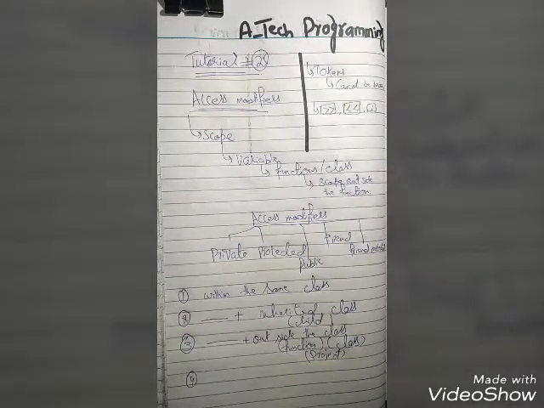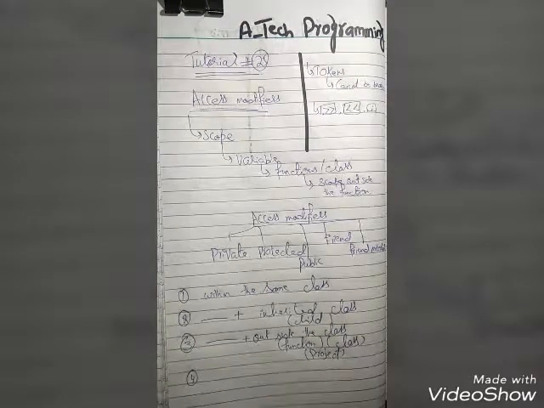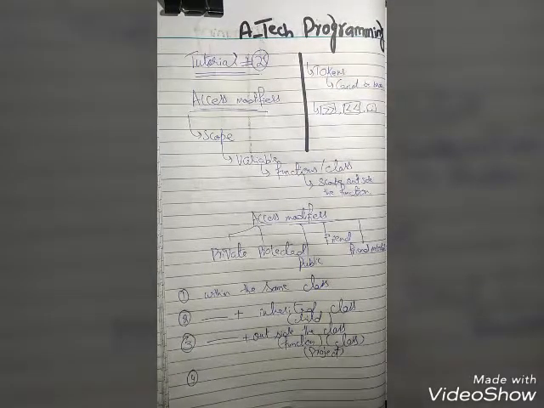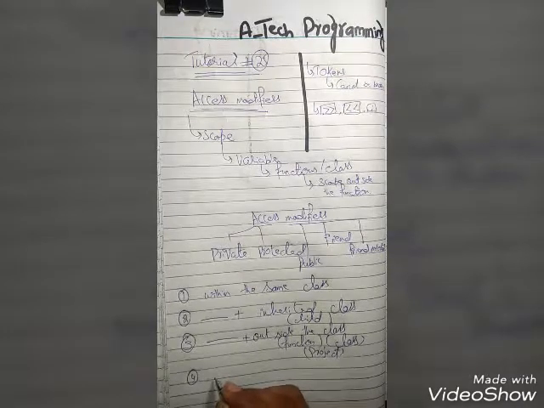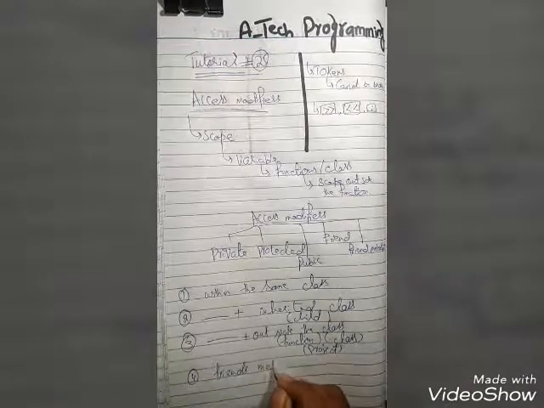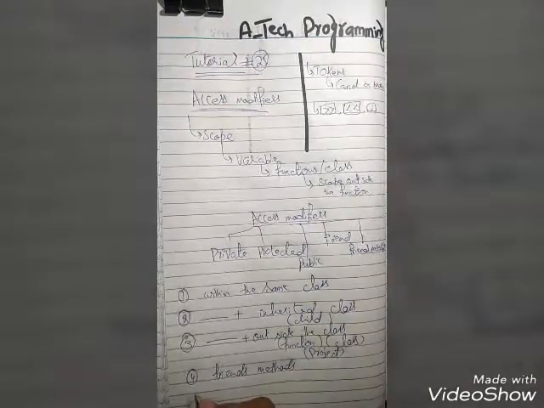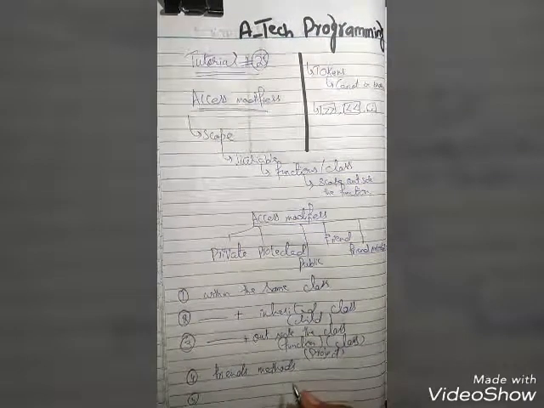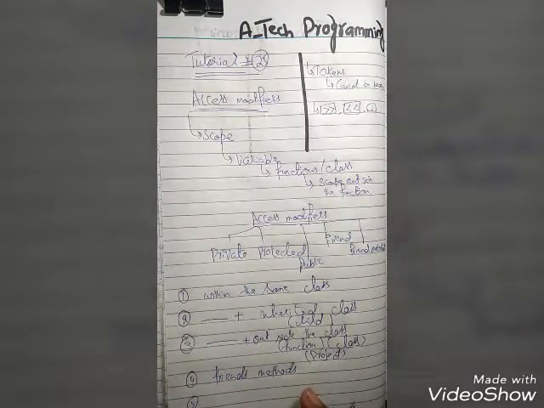And the fourth one is friend. A friend method is accessible only with the friend methods or functions. It is not accessible with a method that it is not friended with.